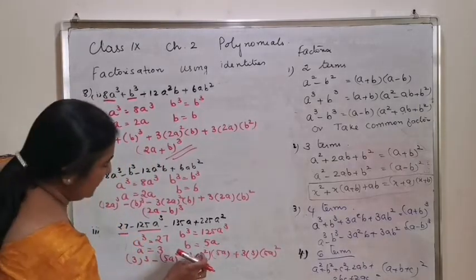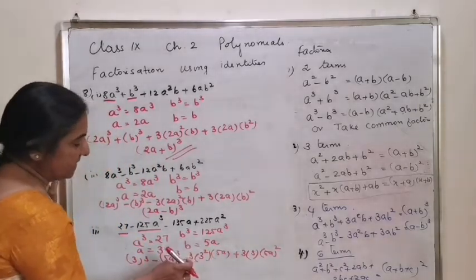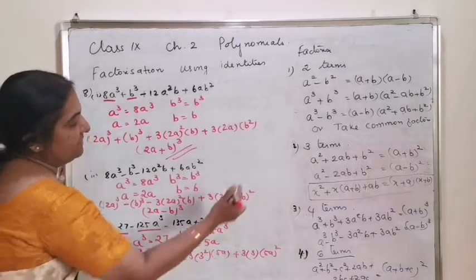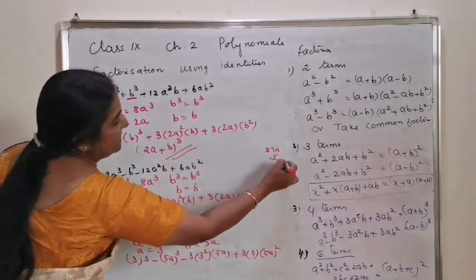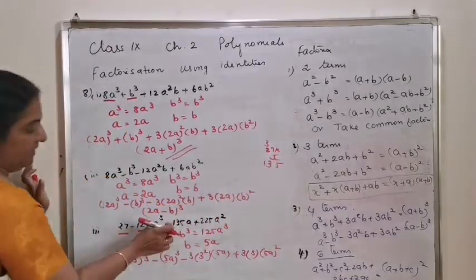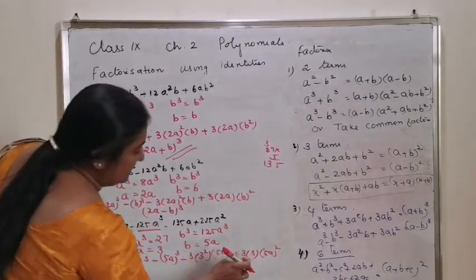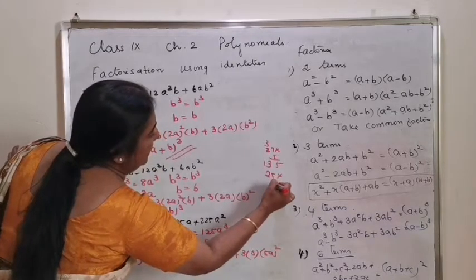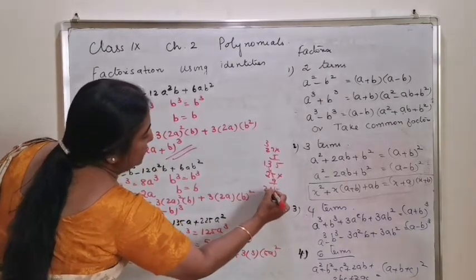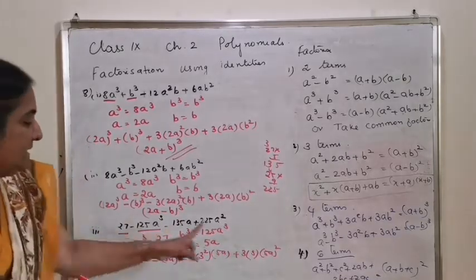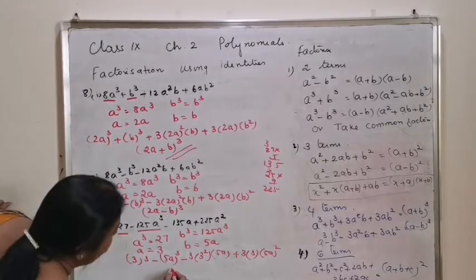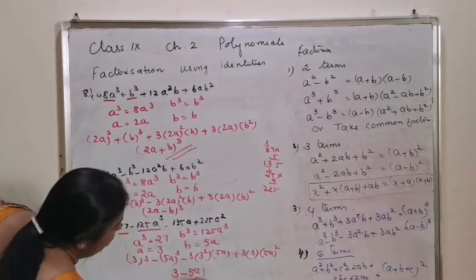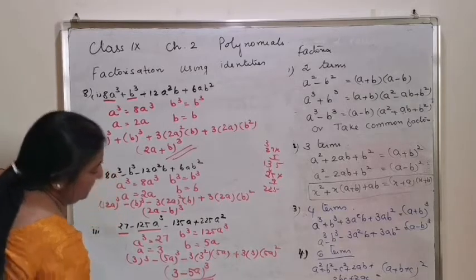Double check the answer: 3 square is 9, 9 3s are 27, 27 into 5 is 135, correct answer. 3 into 3 is 9, 25 into 9, 9 5s are 45, to 25a square. Thus your answer is (3 minus 5a) the whole cube.